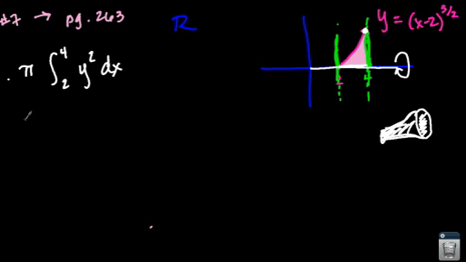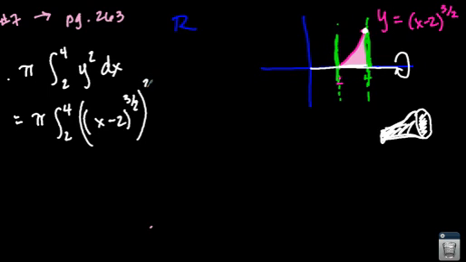We could do that before or as we're doing the integral, and I'm just going to do it all at one time. It doesn't matter if you get y squared first. You end up doing the same thing. So we end up with this, and then this whole thing is raised to the power of 2 because y squared. It's maybe a little neater to do it before, but it doesn't really matter. You get the same result.